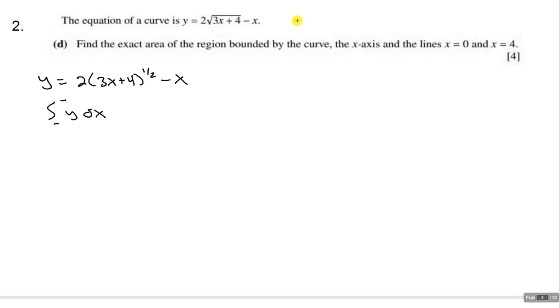So if I was stating what I'm going to do, I would go from 4 to 0, and I'm going to integrate this in terms of x, okay? Now, oops, I forgot the minus x. Don't forget that.